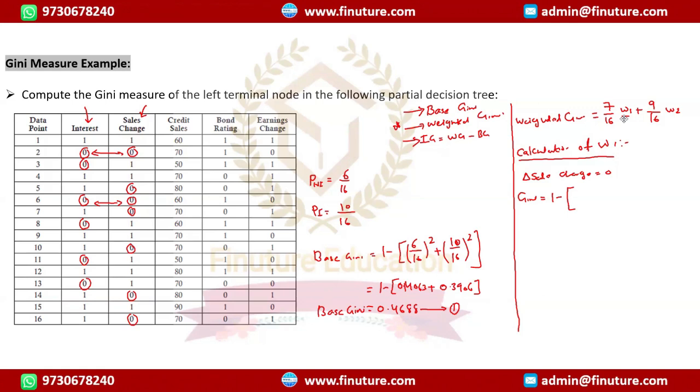I think 1, 2, anywhere else? Nothing else, right? So out of 7, there were 2 firms wherein sales did not change and they did not have an interest rate obligation. So this point would be (2/7) squared.